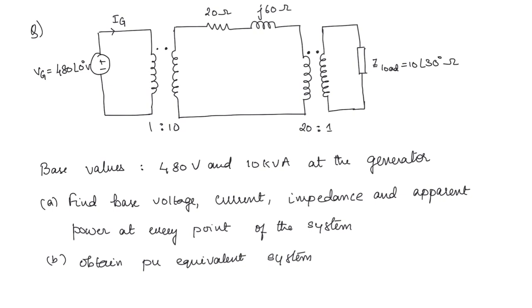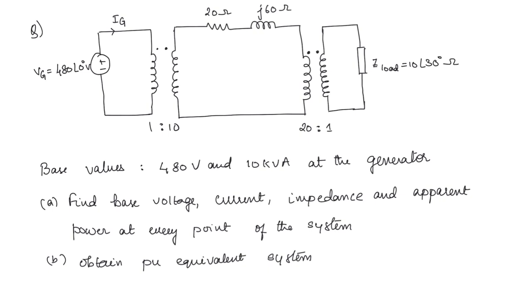And here we have an impedance and another transformer here which is the step down transformer, 20:1, and here we have the load impedance. Now the base values are given as 480 volts and 10 kVA at the generator. The first question is find base voltage, current, impedance and apparent power at every point of the system. Second question is obtain per unit equivalent system.